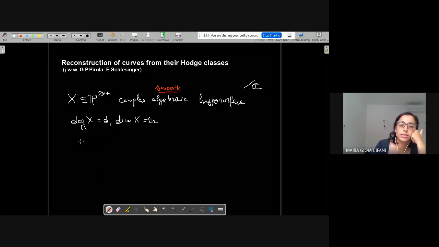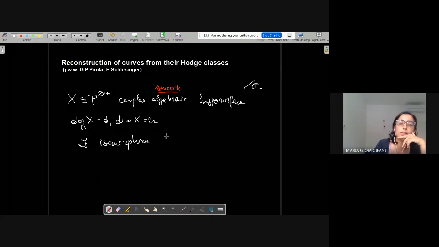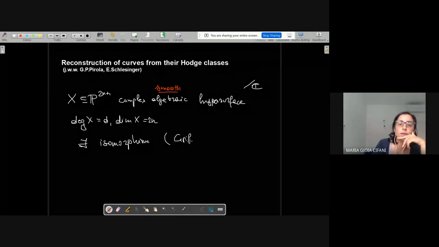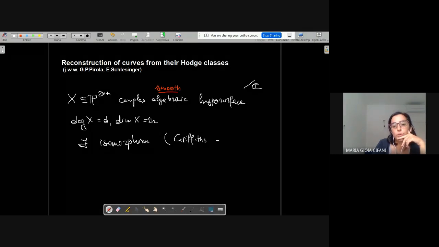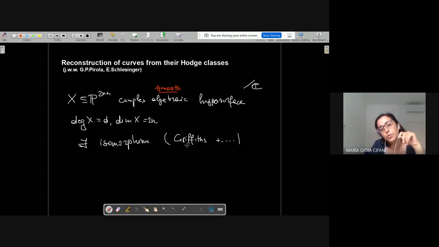We will use an important theorem of Griffiths that there exists an isomorphism. I will say Griffiths plus many others, because Griffiths worked a lot on infinitesimal variation of Hodge structures with many others, but this is one of the results.